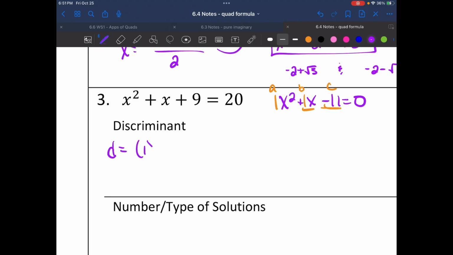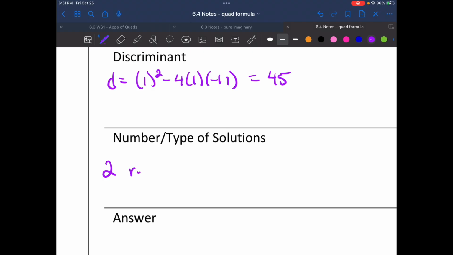So discriminant equals B squared minus 4AC. Excuse me. Gosh, listen to my throat, man. 1 squared minus 4 times 1 times negative 11. It's 45.